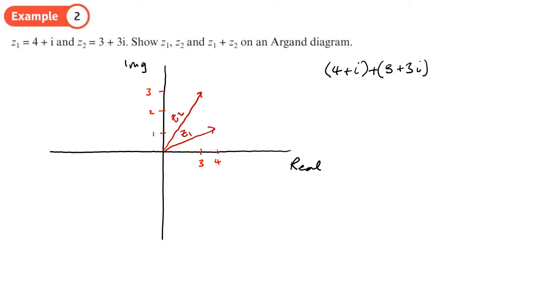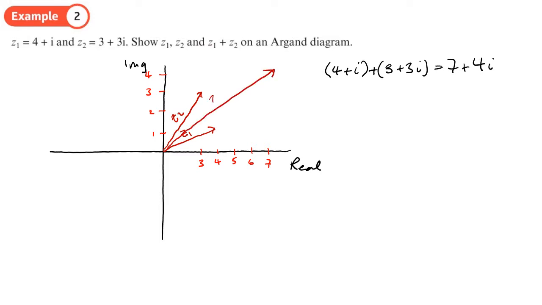That's going to be 7 plus 4i. So 5, 6, 7 there, and 4, let's call this 4. So that will be going up to about here, and that ends up like this.